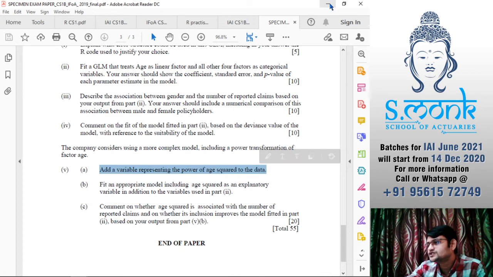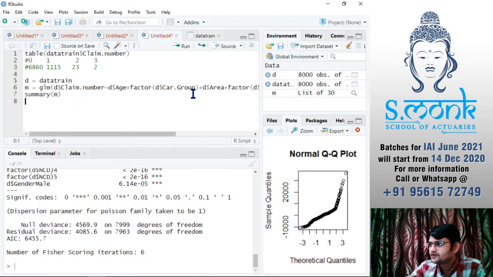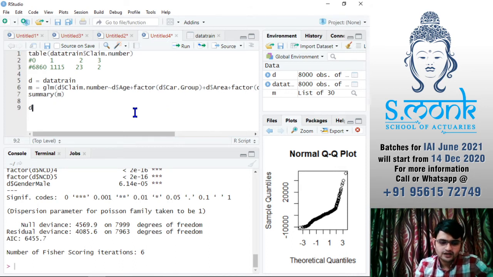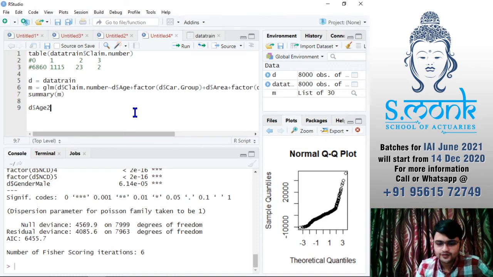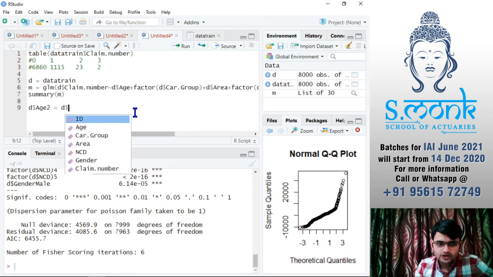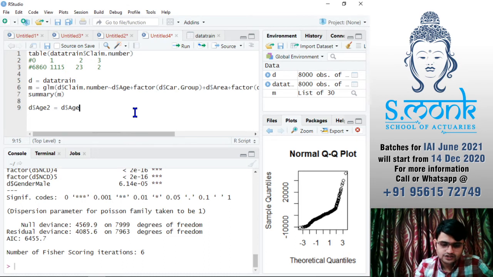To add it, I can directly say d dollar age 2, that would be our age squared, will be equal to d dollar age squared, the original age squared value.